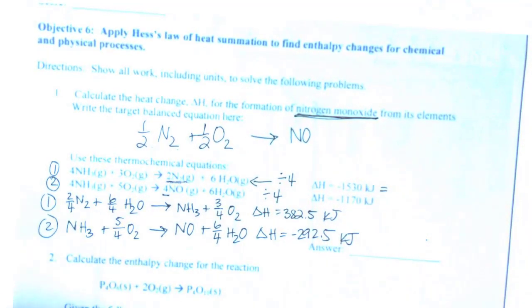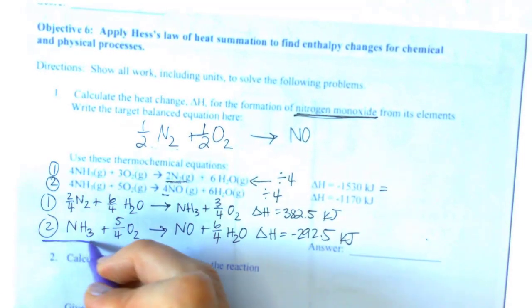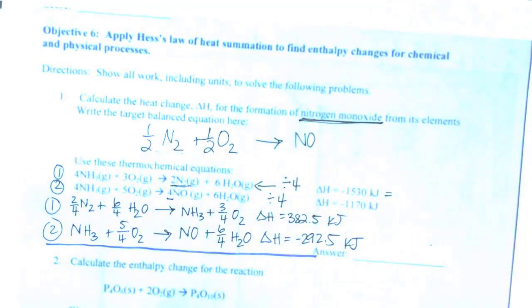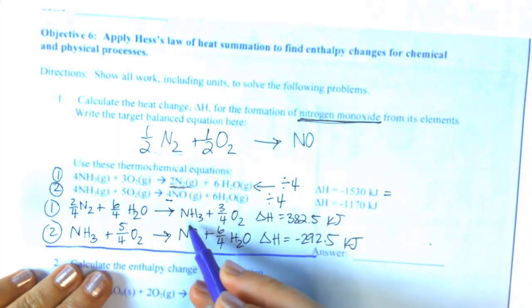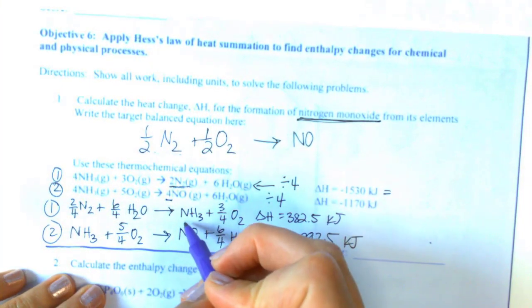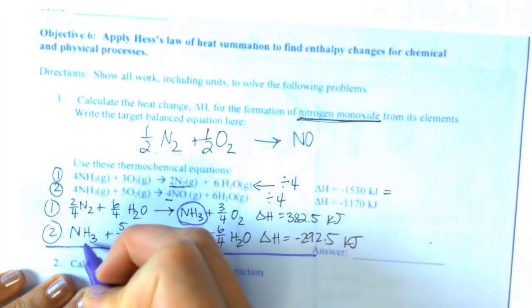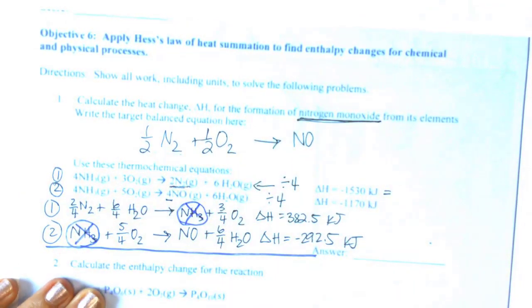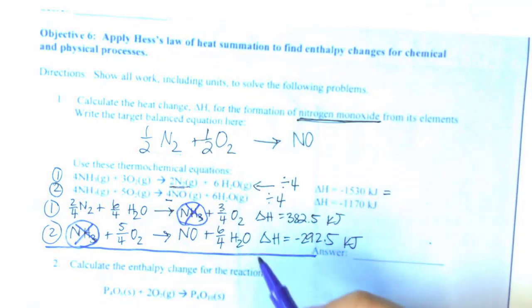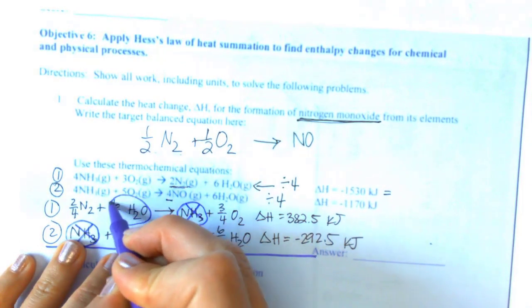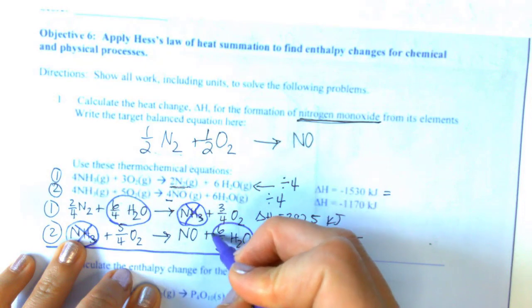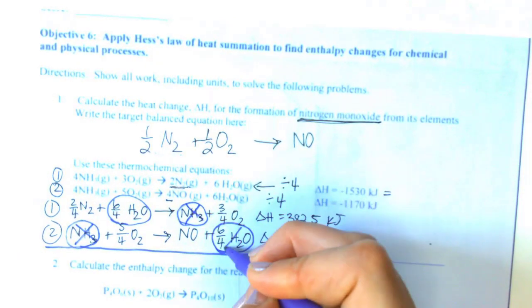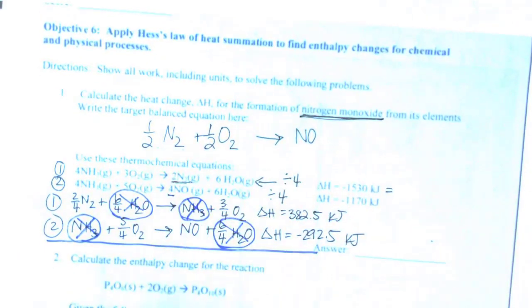All right, let's make sure that everything cancels out to give me my target equation. Well, I can see right off the bat that I have an NH3 on the right and an NH3 on the left, which means that we can cancel those out. You can also see that on the left I have 6/4 H2O and a 6/4 H2O. Get rid of those. All right, so now let's see what we have unique.